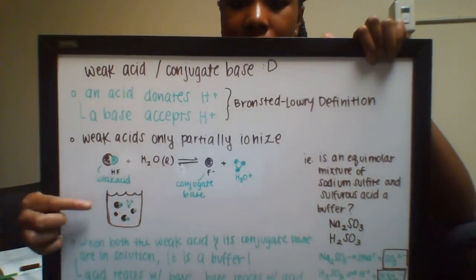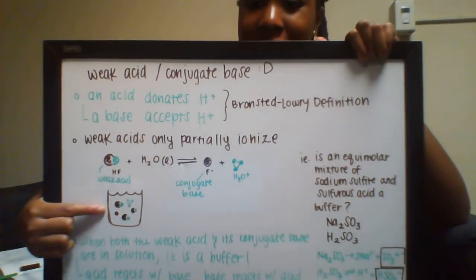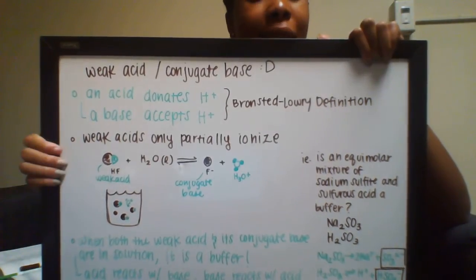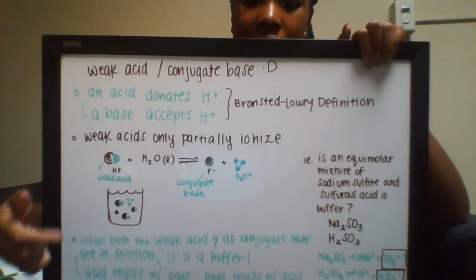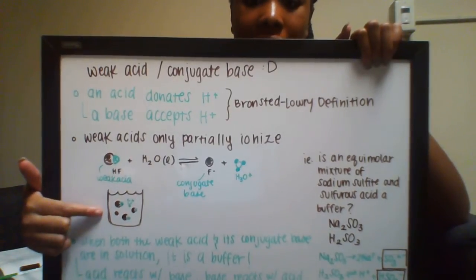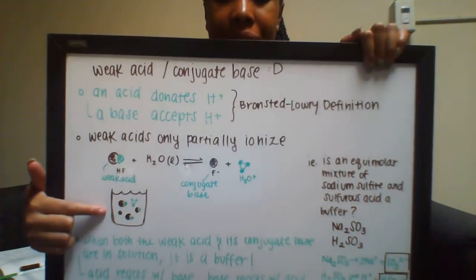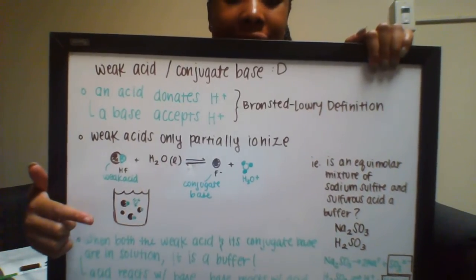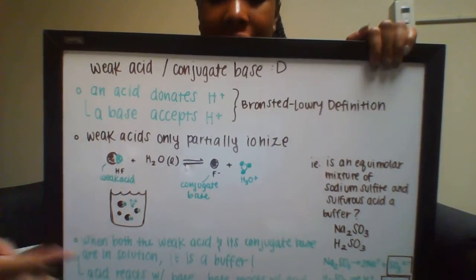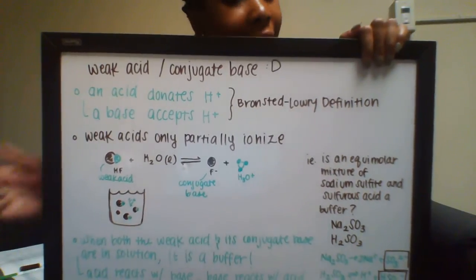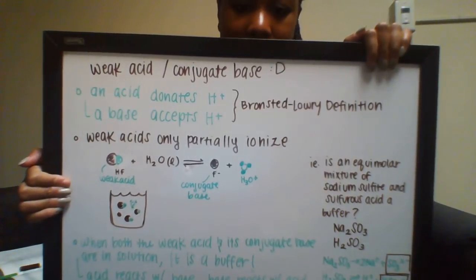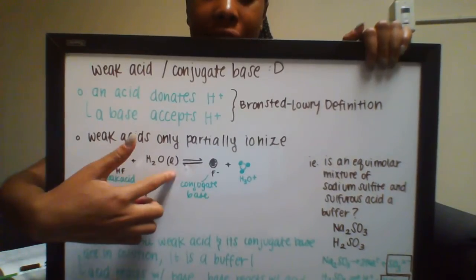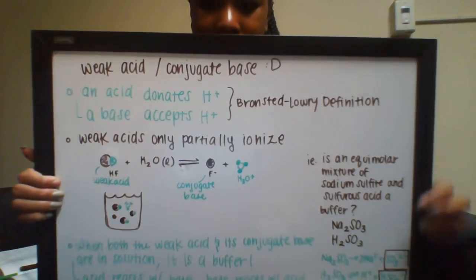Now, in solution, it partially ionizes, which means that most of the time it stays as HF instead of splitting up into F minus and H plus. We say that F minus is a conjugate base because it has the potential to accept back an H plus and become HF again. So that's why we have the double arrows in the equation.